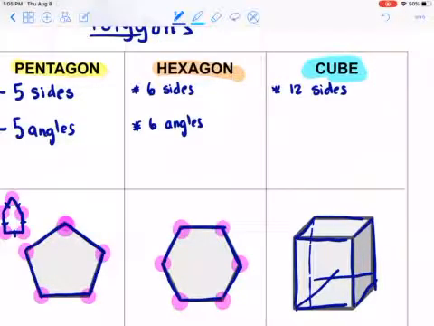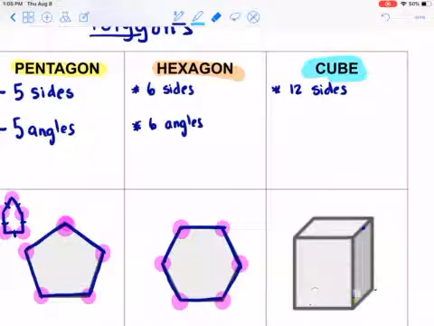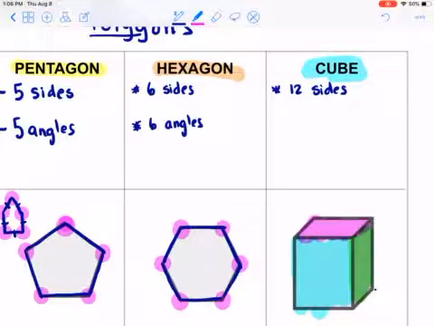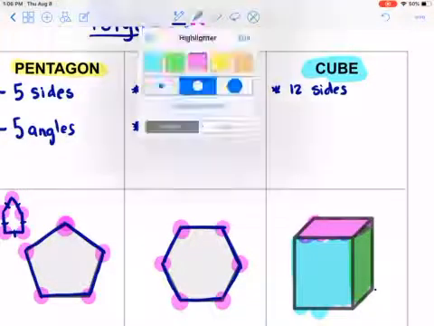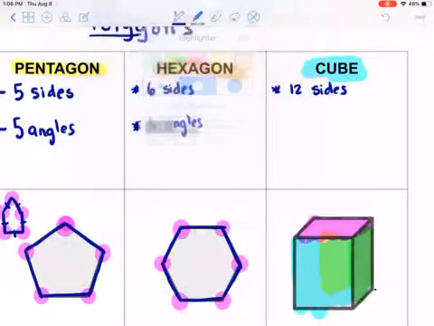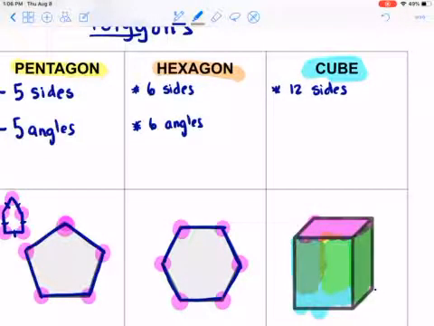But what we really like to talk about in 2nd grade is the faces. I'm going to erase this for just a second so I can count the faces. The faces are any of the flat sides, like the flat rectangles here that make up the cube. So there's 1, and then there's 2 there, 3, and then there's going to be 1 on the back, 4, and then another one over here, 5, and then on the bottom, that's flat.